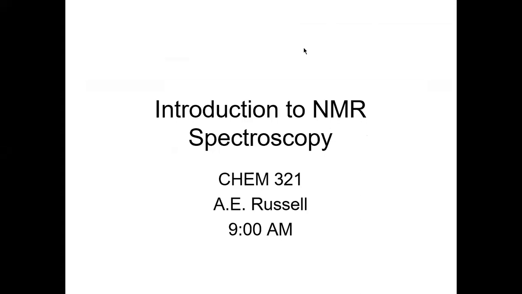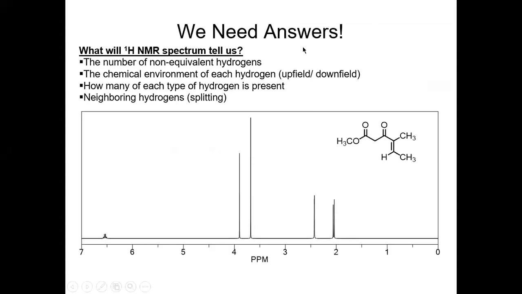So NMR is short for nuclear magnetic resonance, and it really gives us 4 things about a molecule. And again, this is the absolute most definitive way to prove a structure. Whatever you made, this is the absolute most definitive way to determine that you have what you say you have.